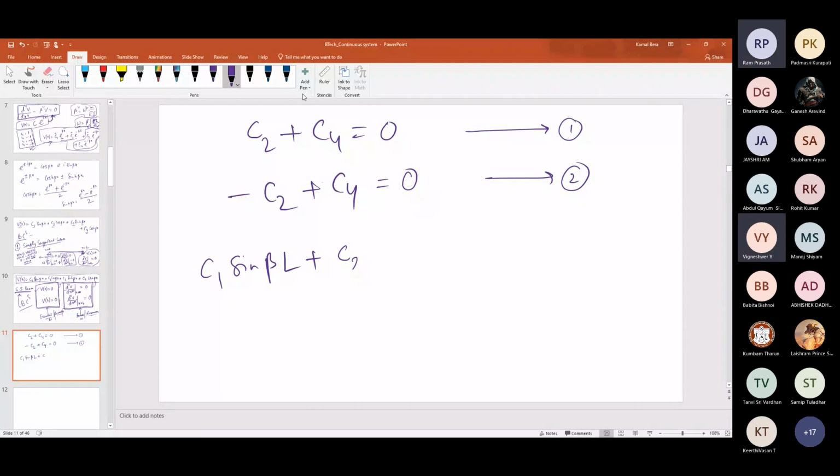No, four equations, sir. Tell me. Sir, I am getting C1 sin beta L plus C3 e to the power L. No, tell me in terms of sine and hyperbolic: C1 sin beta L plus C3 sine hyperbolic beta L plus C4 cos hyperbolic beta L. From this equation actually you get C4 equal to 0, right?